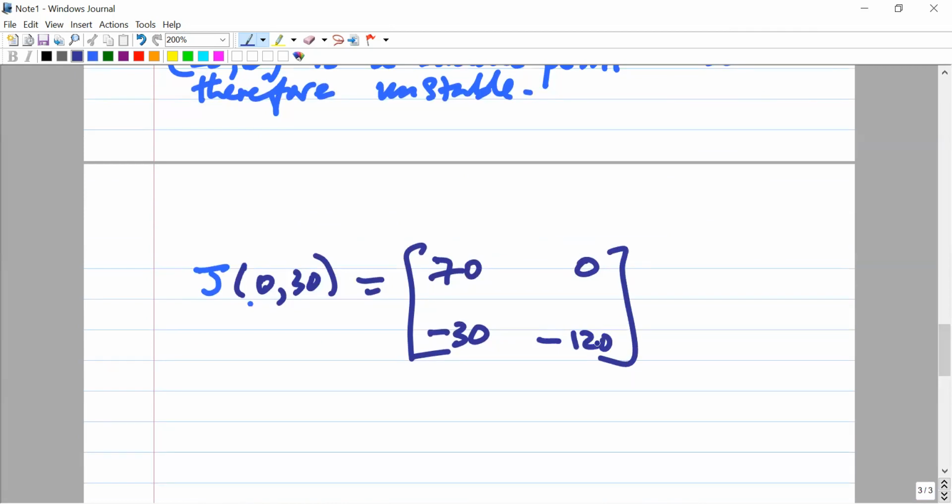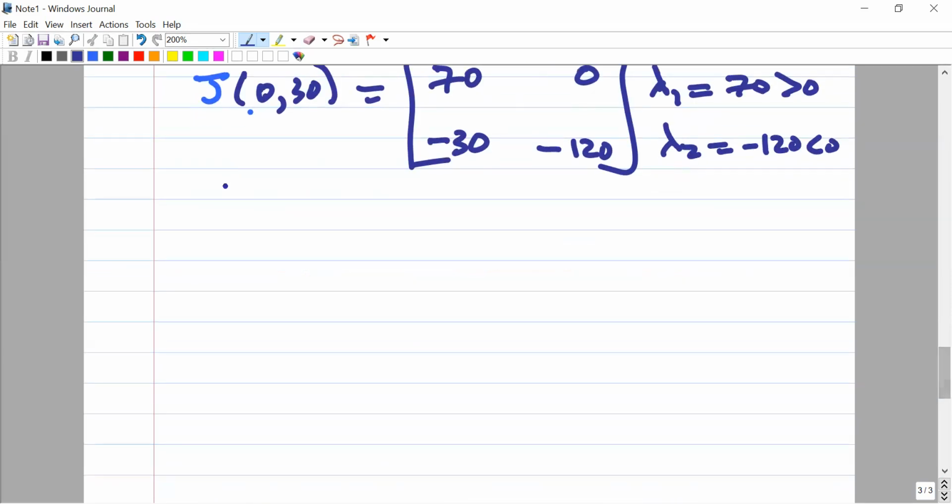The eigenvalues here are easy: lambda 1 is 70, which is greater than 0, and lambda 2 is minus 120, which is less than 0.